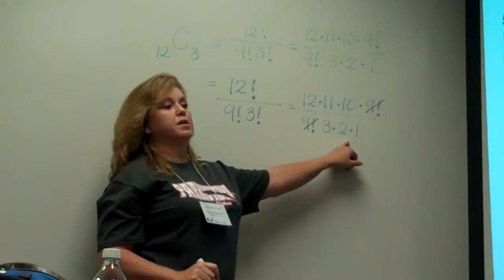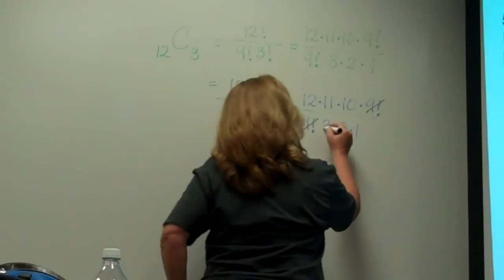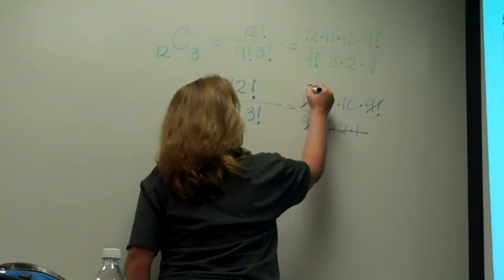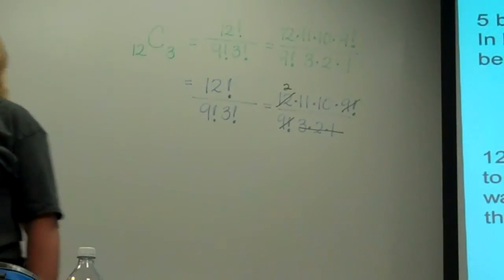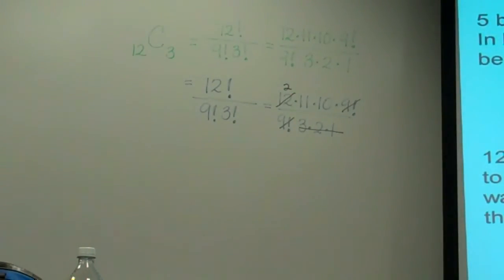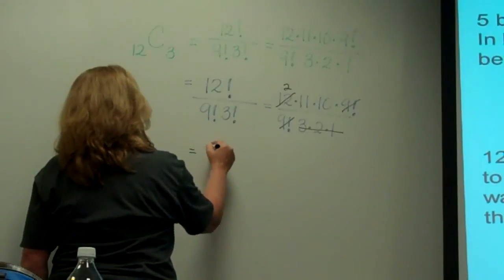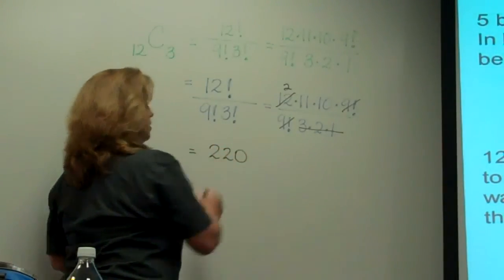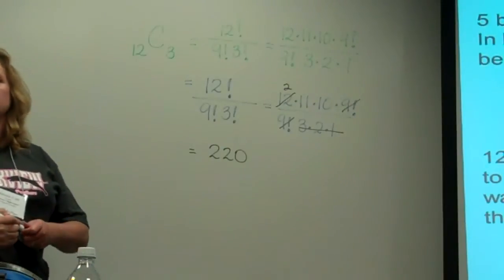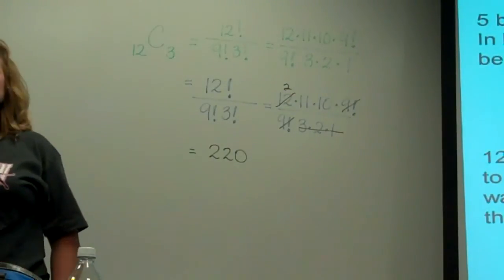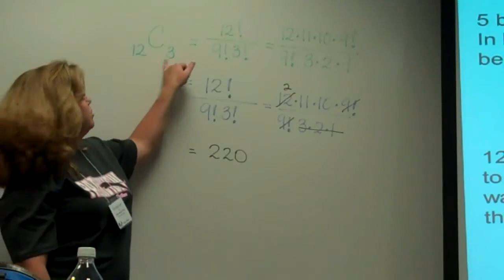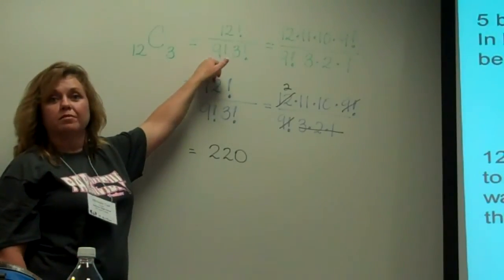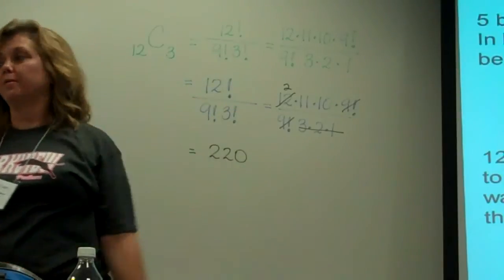What's 3 times 2 times 1? 6. So I can't cancel that out with that. You can do 11 times 10 in your head. What's 11 times 10? 110. 110 times 2? 220. So we did that without a calculator. Aren't we brilliant? Of course. It does help to know your formulas. I'll let your coach figure those out for you.